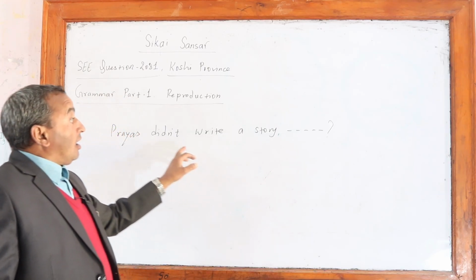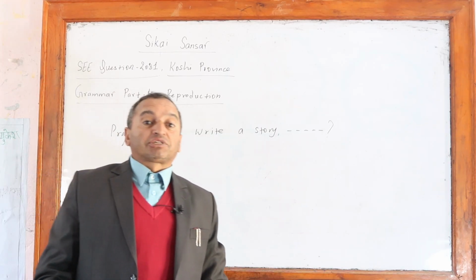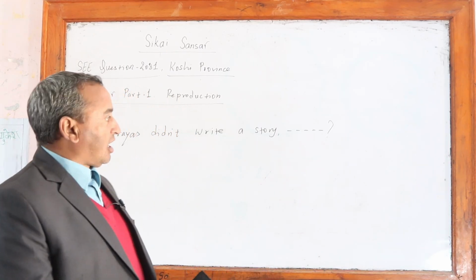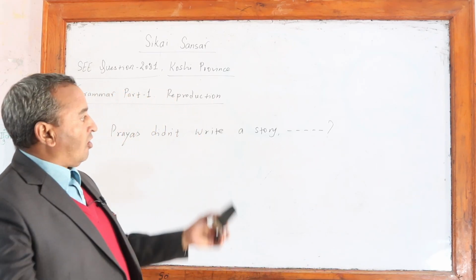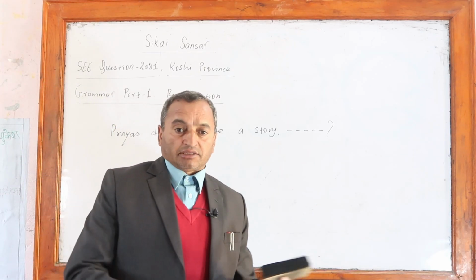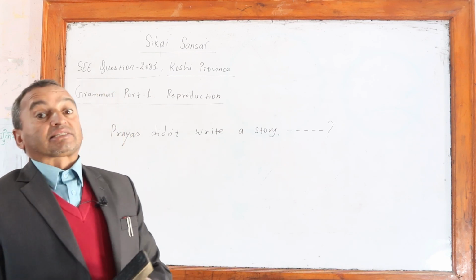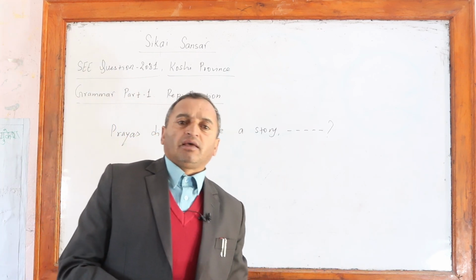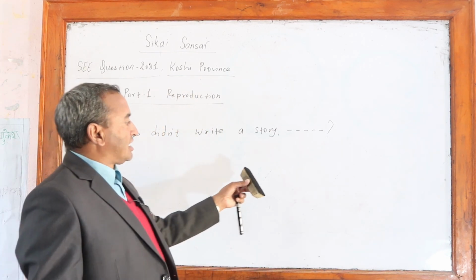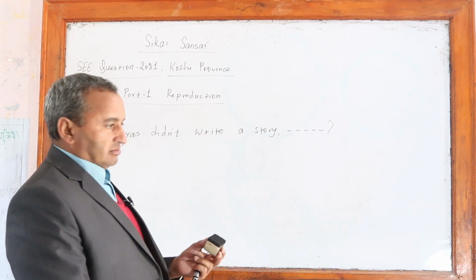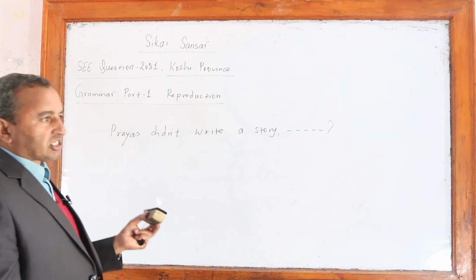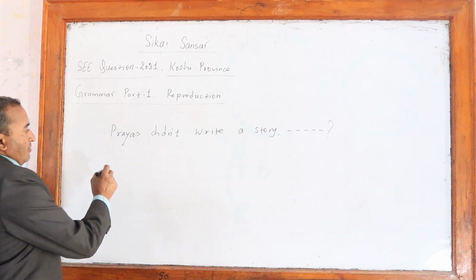Look, earlier we supplied the question tags having negative form, and we said didn't he, doesn't she, like this. But here the sentence itself is in negative form. In this case we have to supply an affirmative question tag. Let's do this very job.